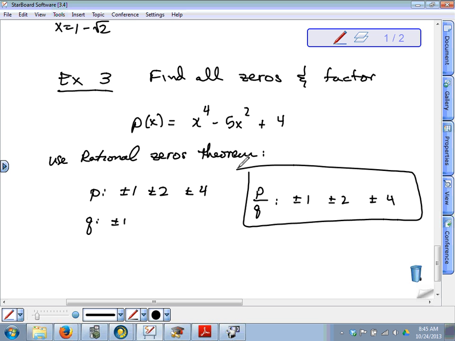So start doing synthetic division until you find one. Ooh, good point.